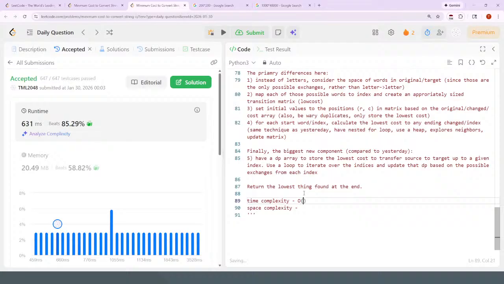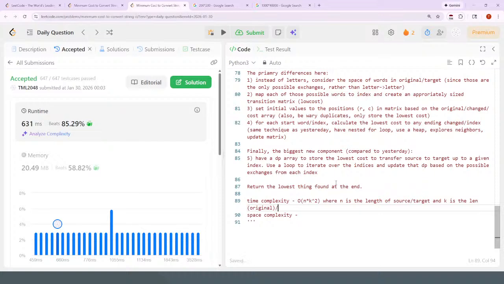Time complexity, I want to say this is O of n times k squared, where n is the length of the source and target strings, and k is the total length of the original plus the changed, which is the same.